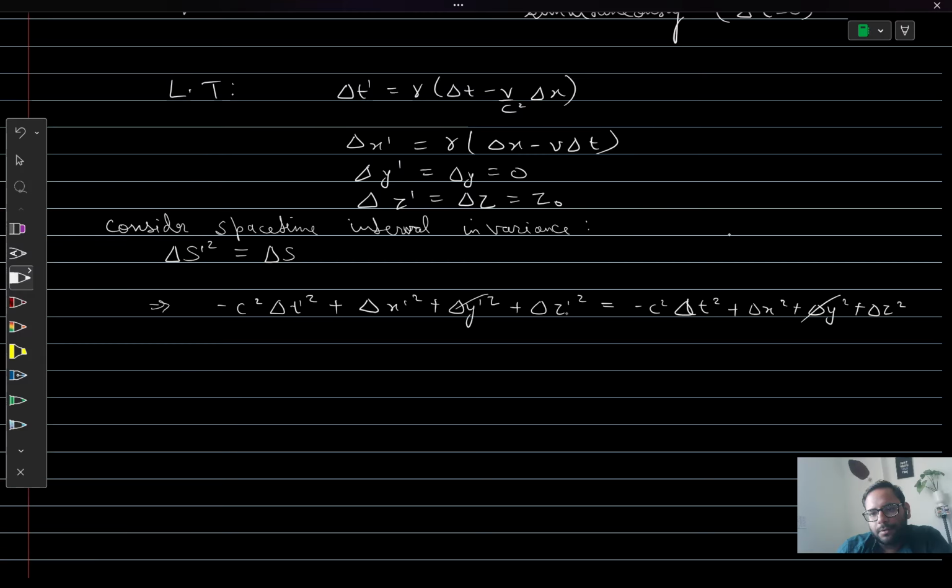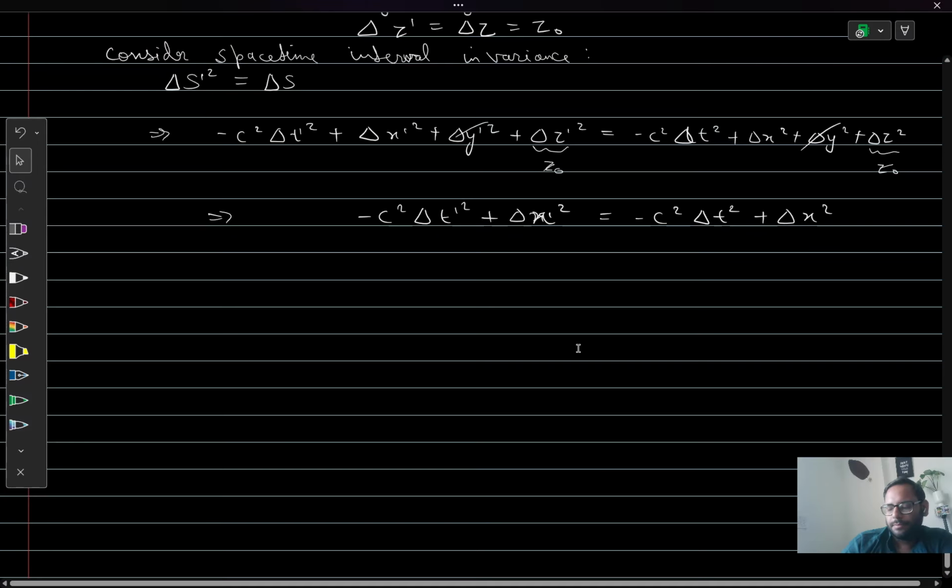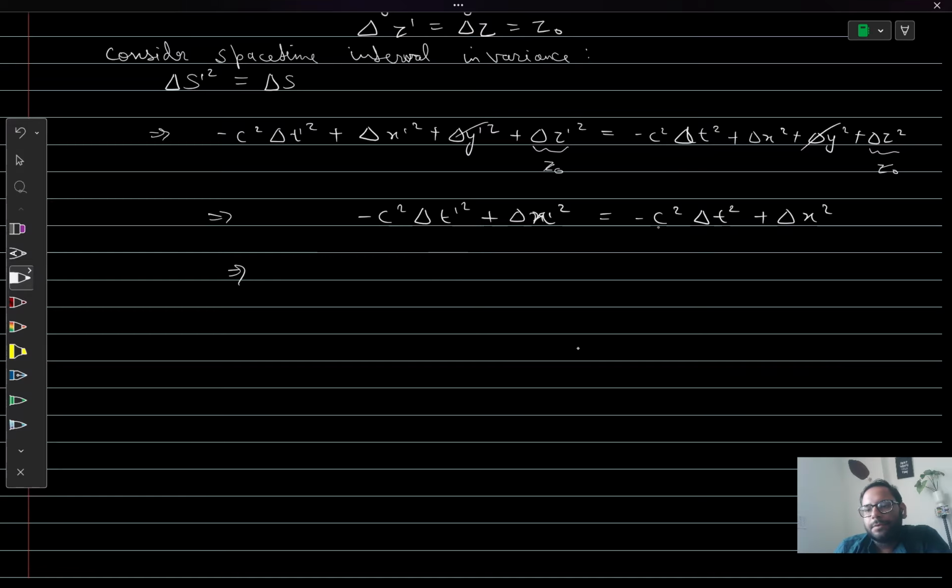So this will be cancelled out, and this is z naught, this is also z naught, so this will also be cancelled out. So what will remain is, the derivations are simple, there are no complex derivations. In this frame, of course, this is 0 because delta t is 0. So you can again write this as delta t prime plus del x is equal to del x prime.